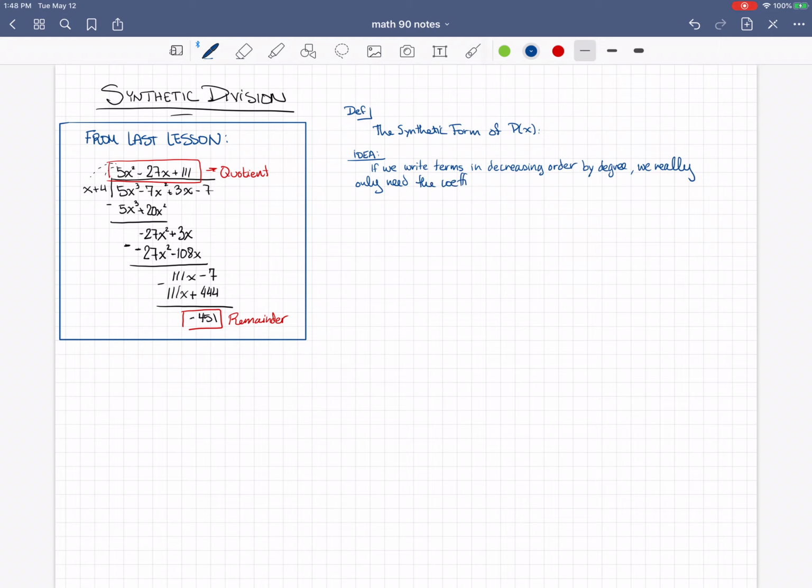So all that the synthetic form is, is just a list of coefficients, including skips.